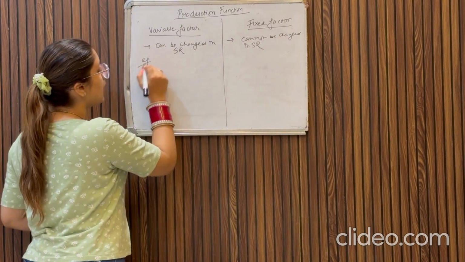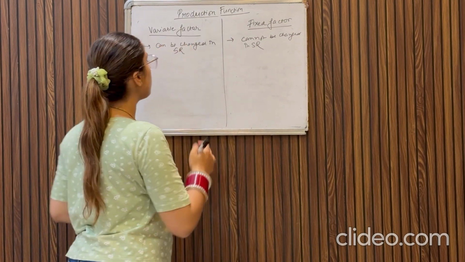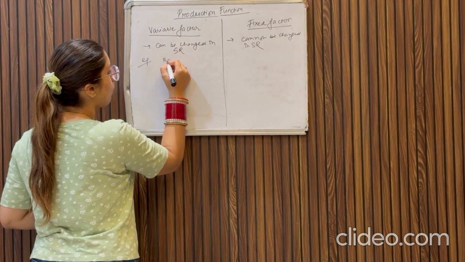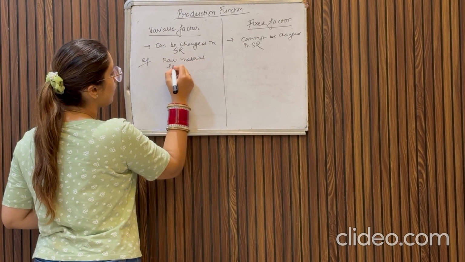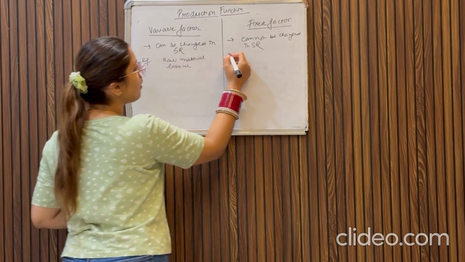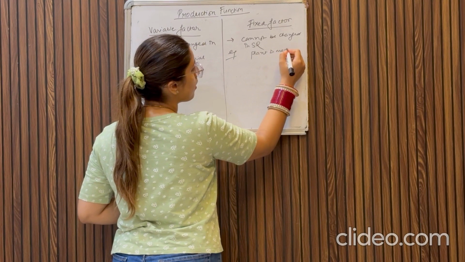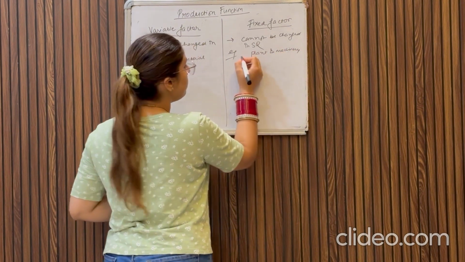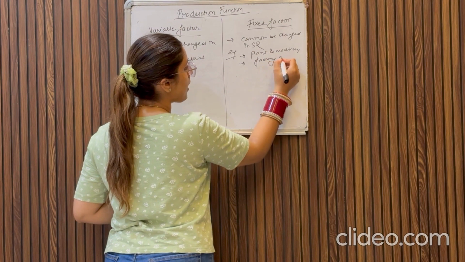For example, for variable factors, we can increase or decrease the raw material required, and the number of employees that we need in a firm. So raw material, labor, etc. While fixed factors are your plant and machinery; you cannot set up a new machinery or a new plant overnight. Factory size, land.